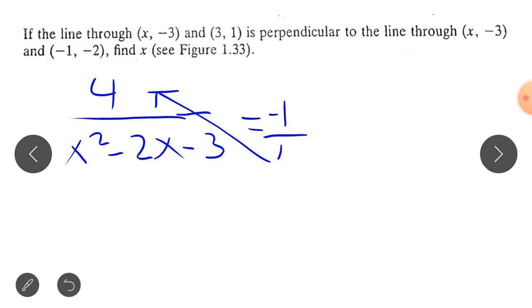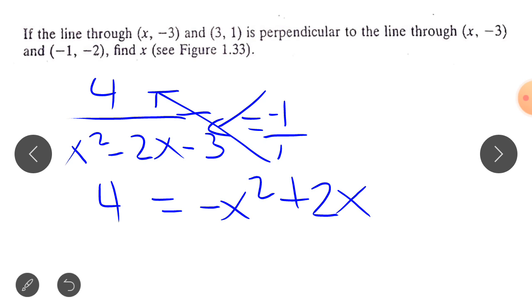So 1 times 4, 4, equals 1 times negative x squared, negative x squared. 1 times negative 2x, negative 2x, times negative 1 gives positive 2x. Negative 1 times negative 3, that is positive 3. Then we're going to equate this to 0.